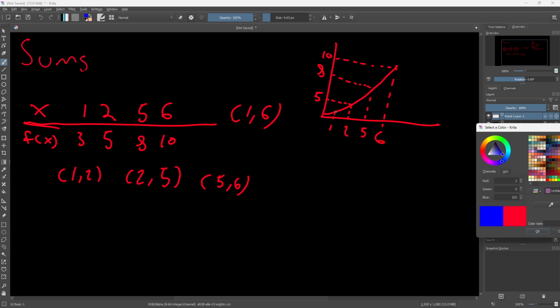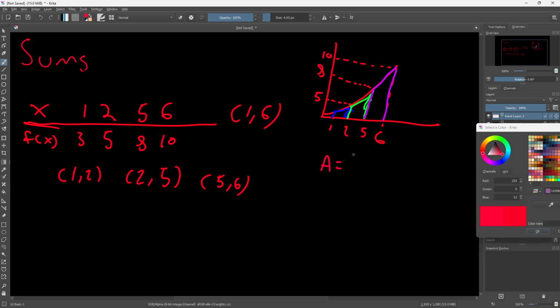So a trapezoid, right, would be like this. And then another one would be from 2 to 5, it'd be like this. And then a final one would be from 5 to 6. Sorry, that's a terrible line. So that one would be like that.